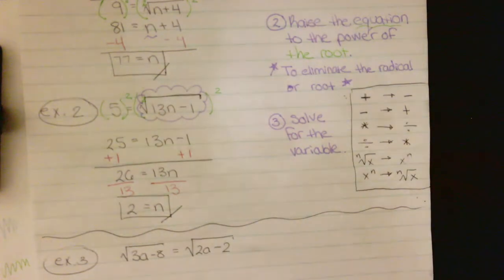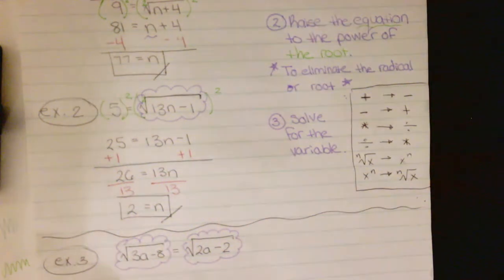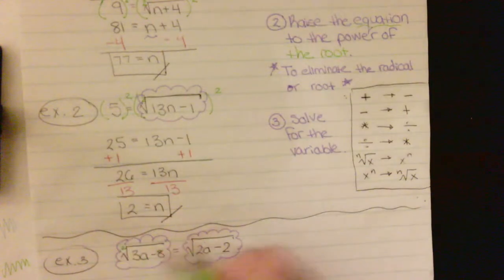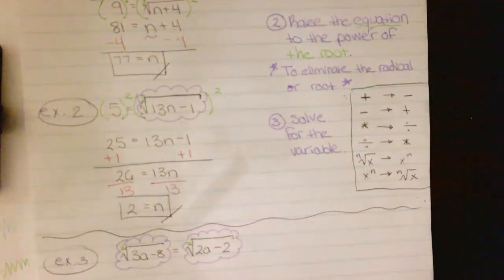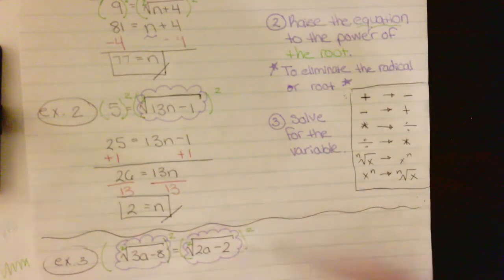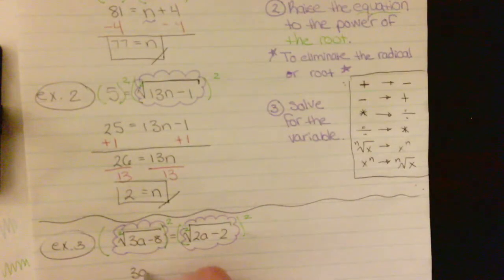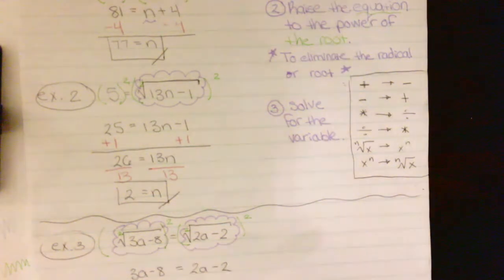Both of these radical expressions are alone, and both of them have a root of 2. Let's just say I'm squaring both sides. So all that happens here is now I've got 3a minus 8 equals 2a minus 2.